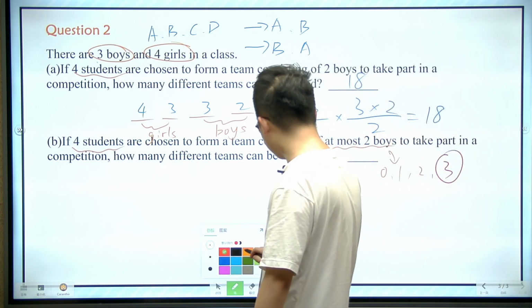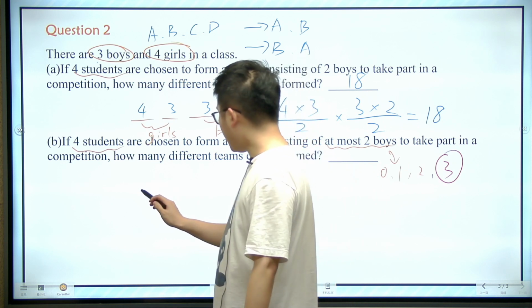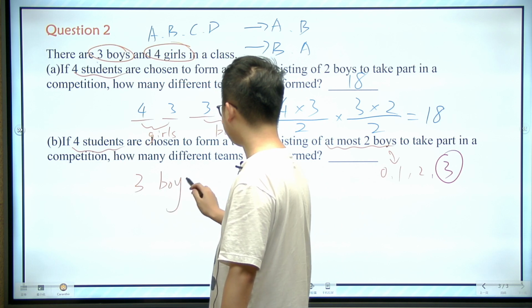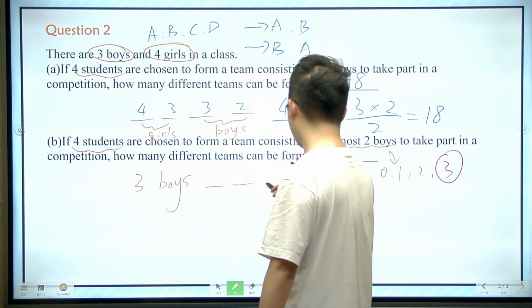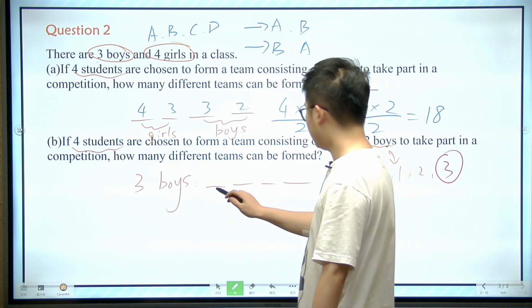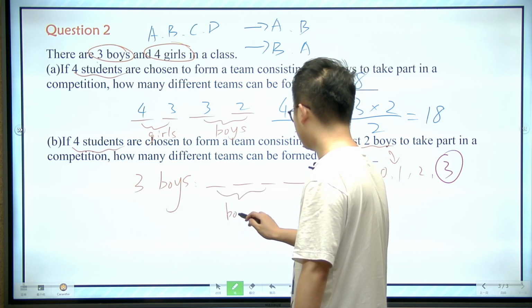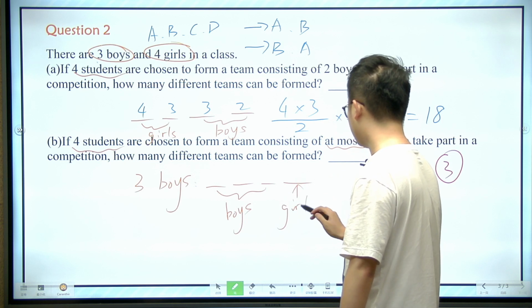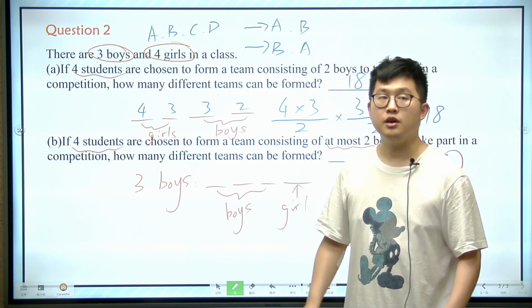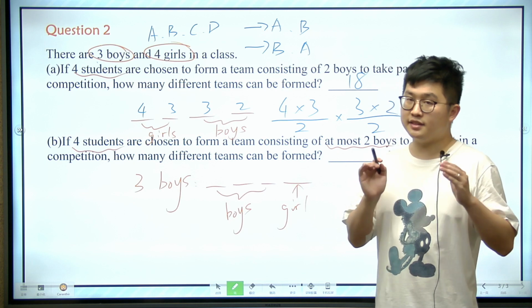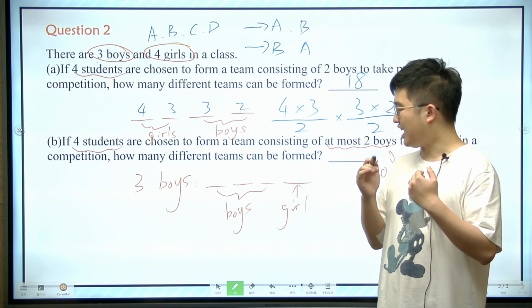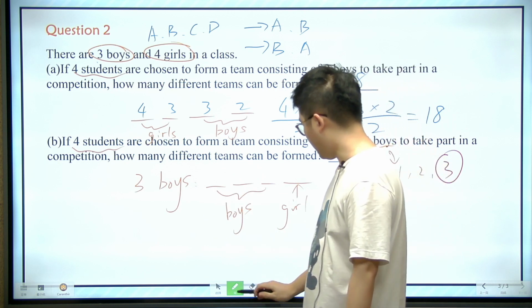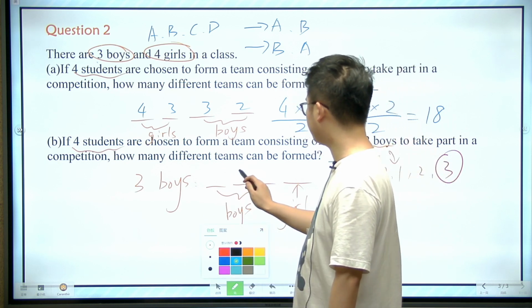If we have 3 boys, which means among the 4 places, 3 of them are boys, so only 1 girl. Why do I highly recommend this? Because if we choose 3 boys, there is only 1 option.